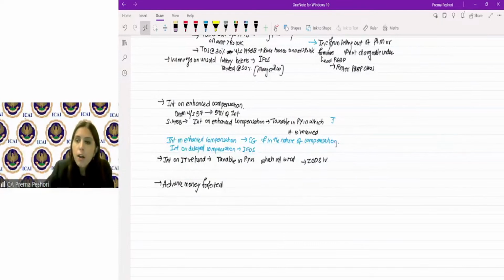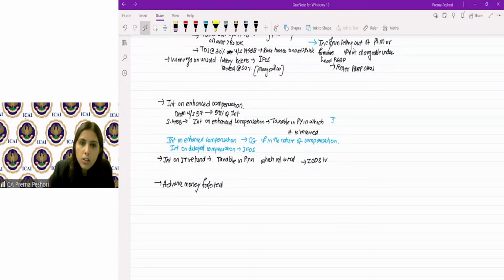Until 2014, this was reduced from the cost of acquisition. But after 2014, this has been specifically chargeable to tax under income from other sources. So forfeited advance money is not taxable now as capital gain. It was only until 2014 that this was taxable under the head capital gain. After that, it is specifically chargeable under section 56(2)(ix).